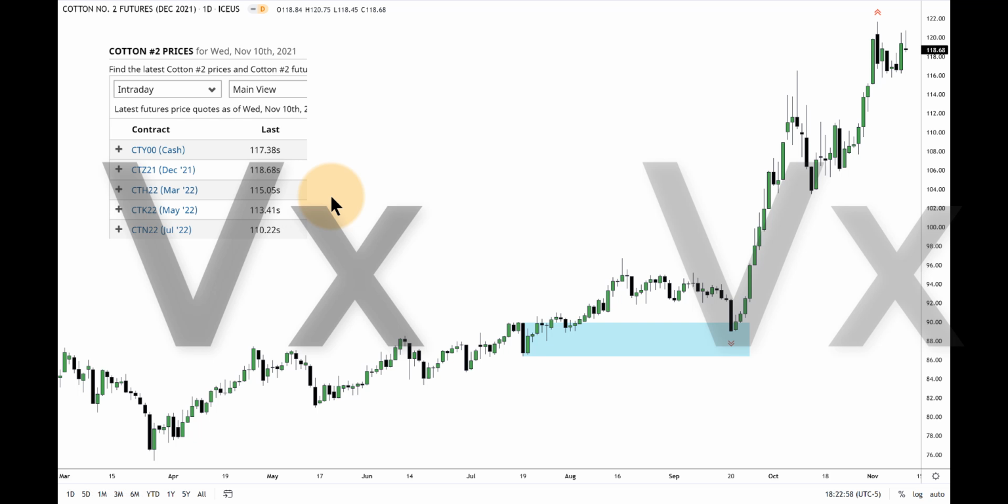So while the term is the same, the idea of how I teach discount the premium for the PD array matrix, that's not what I'm referring to here. The premium is the premium over the next month out in the future, when it should be getting higher in price as you go further out, because it costs more money to insure the commodity, to grow it, produce it. It's just more expensive. That's the normal carrying charge market.